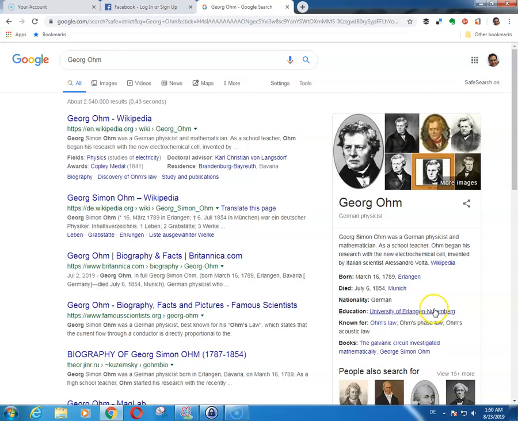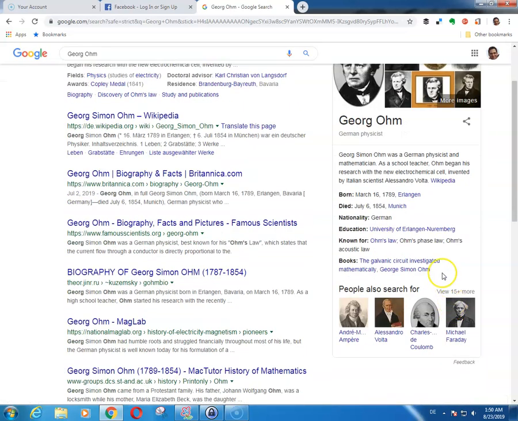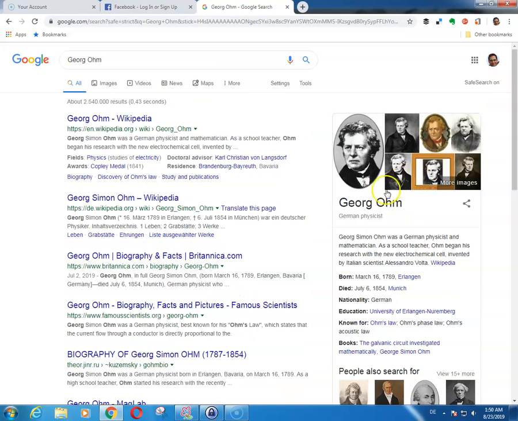He was German. And he has written a couple of books, the Galvanic Circuits Investigated Mathematically, and some other book. That's basically Georg Simon Ohm.